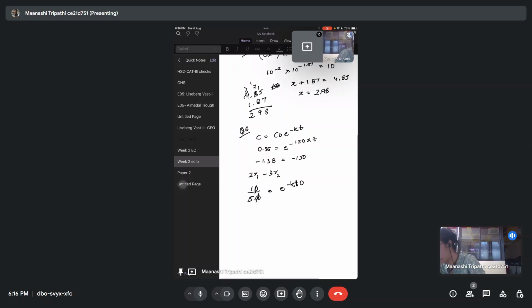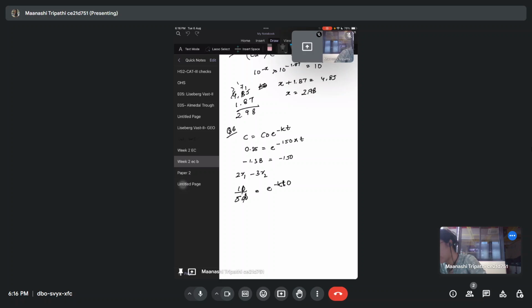So let us take HAc, which is in equilibrium. It will form H plus and Ac minus.